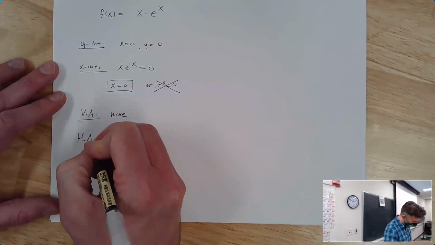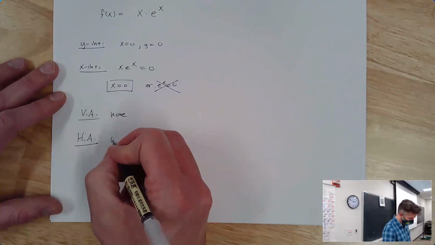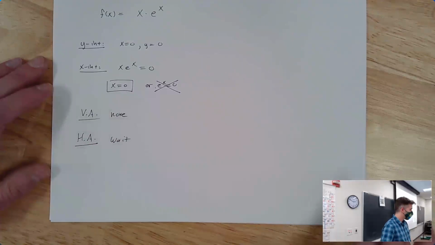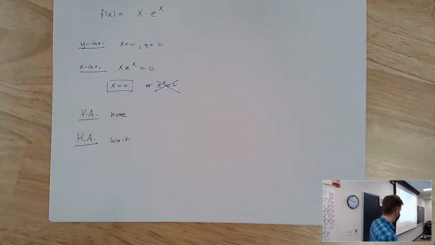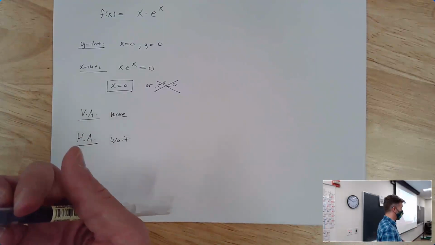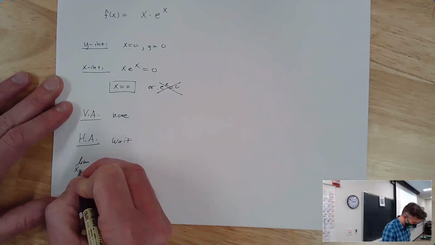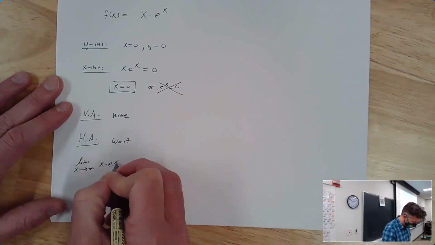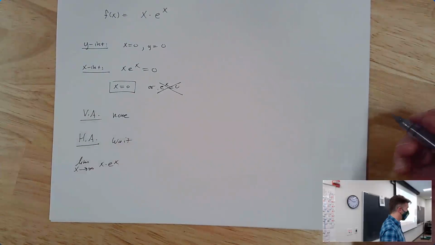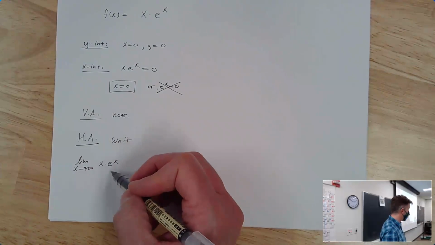Horizontal asymptotes, this is where I would say wait. The way you actually find horizontal asymptotes is by taking the limits to either infinity or negative infinity. So you could say, okay, the limit as x goes to infinity of x times e to the x. That's definitely not a finite number. You have infinity times an even bigger infinity.